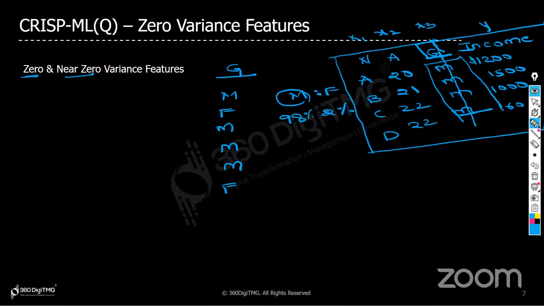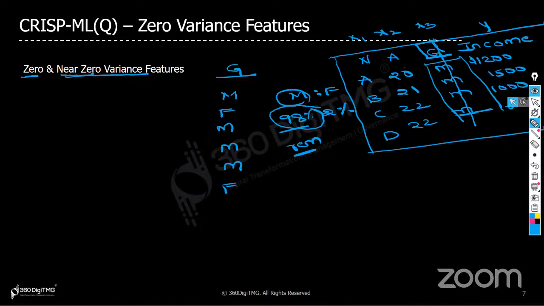So when you have different categories in a column and one category dominates the other, not 50-50 but mostly 98%, you can also go for removing that column. That is called near zero variance. Zero variance is having a single value in the column. If one category occupies most of the proportion, it is called near zero variance.